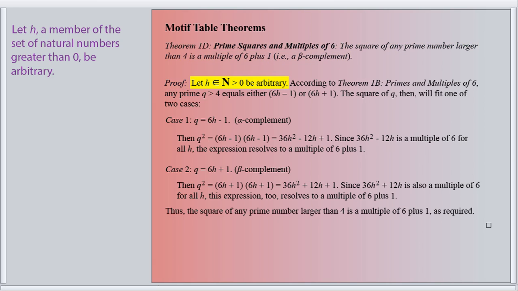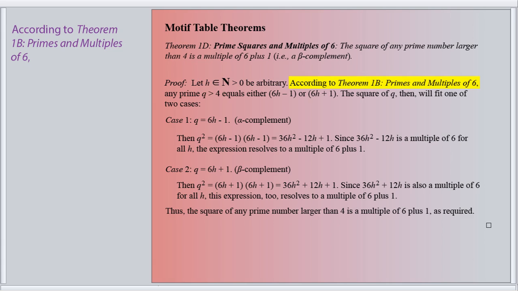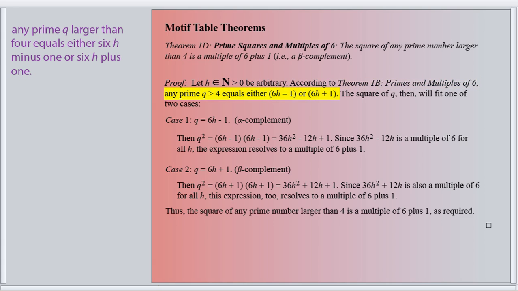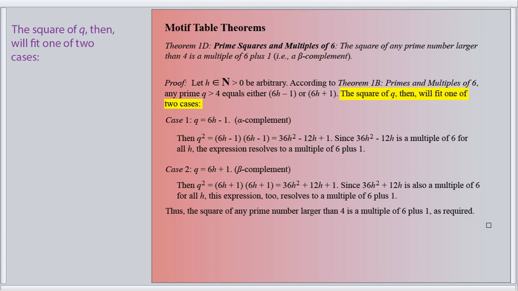Proof. Let h, a member of the set of natural numbers greater than 0, be arbitrary. According to Theorem 1b, primes and multiples of 6, any prime q larger than 4 equals either 6h minus 1 or 6h plus 1. The square of q then will fit one of two cases. Case 1, q equals 6h minus 1.